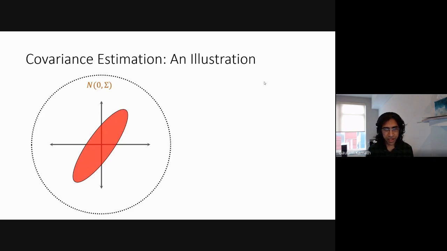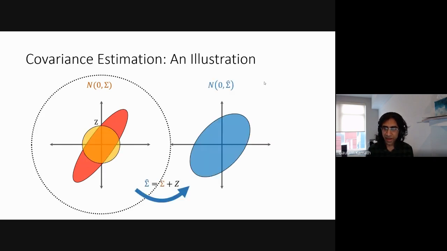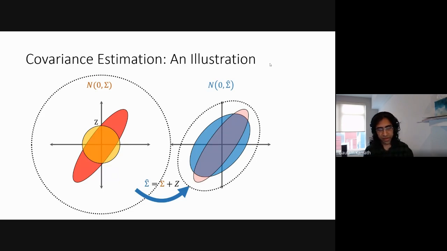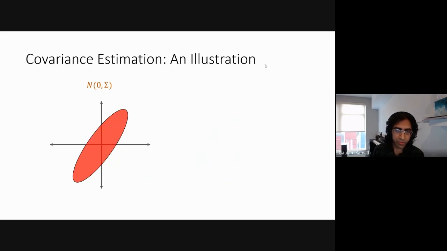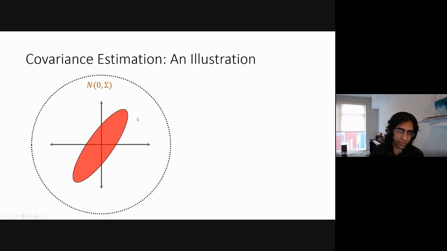Here's a nice picture that John made, which I wanted to include, roughly showing how the algorithm works. I'll walk you through this one. Imagine we have some true covariance, which looks something like this. And the idea is we have some clipping based on our estimate of the parameter. So we have some big ball, and based on the size of this big ball where the covariance lies, we can add noise.